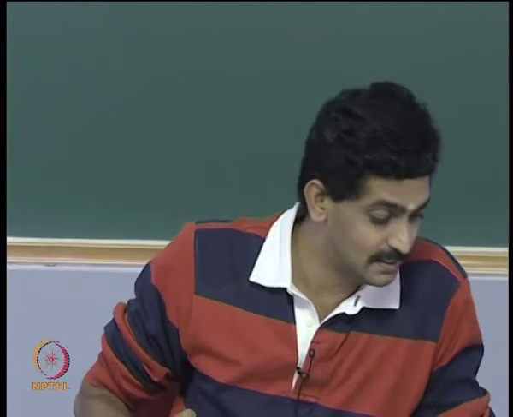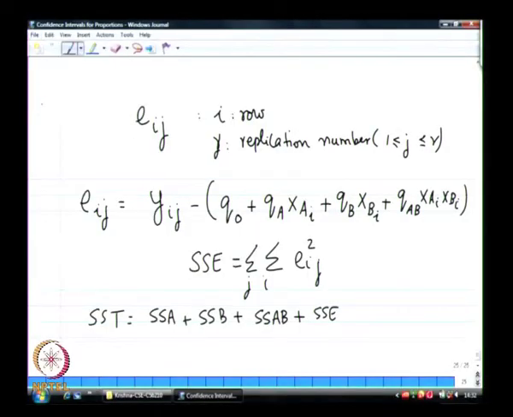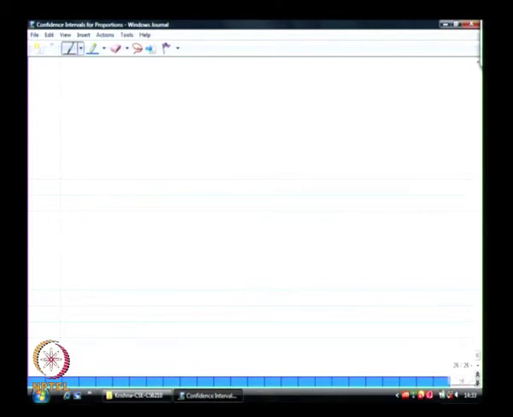And then we will just look at one example of 2^(k-p), and after that it will be chapter 19. For more details, see chapter 18.